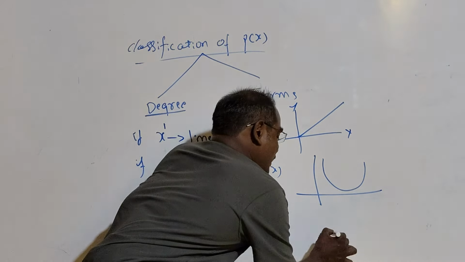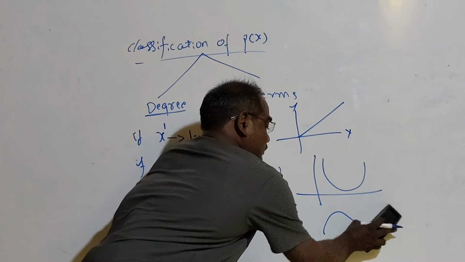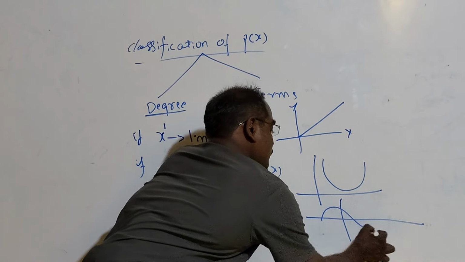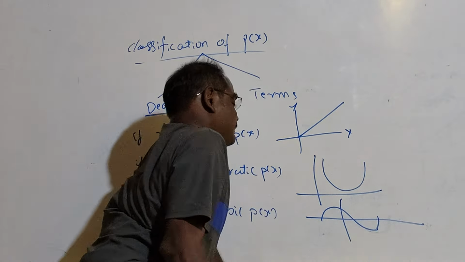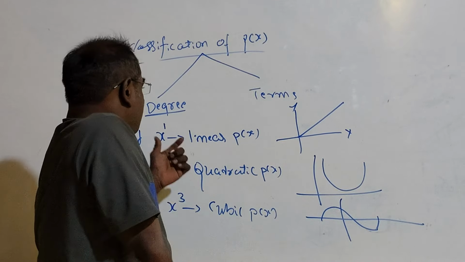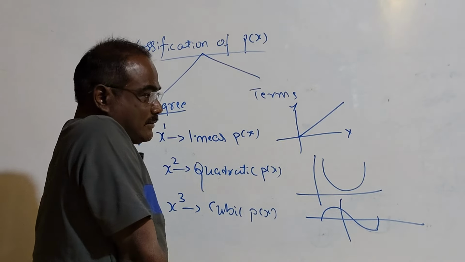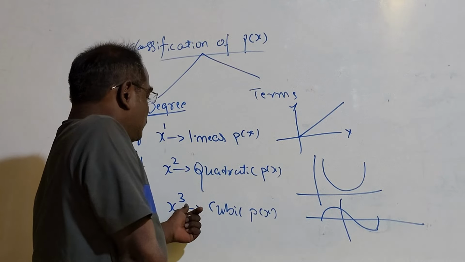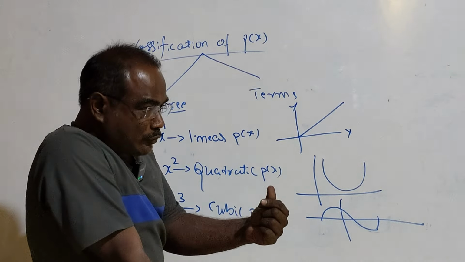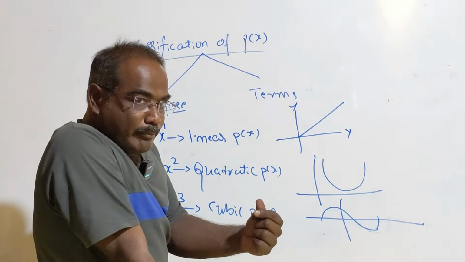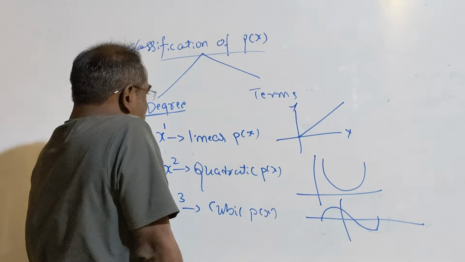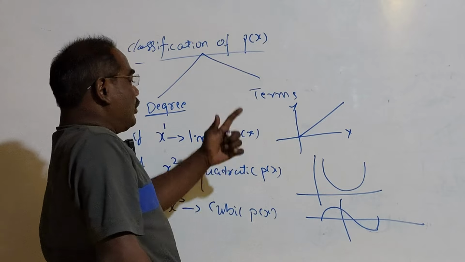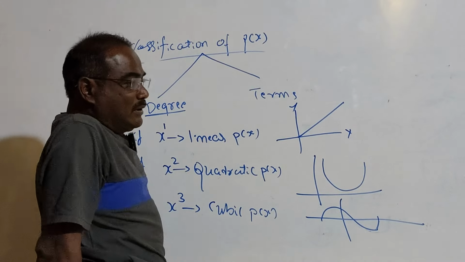The graph of cubic polynomial is like this. Okay. This is based on degree. If the x power becomes 4, highest power of the variable is 4, then it is biquadratic in nature. Okay, this is the classification of polynomial on the basis of degree.